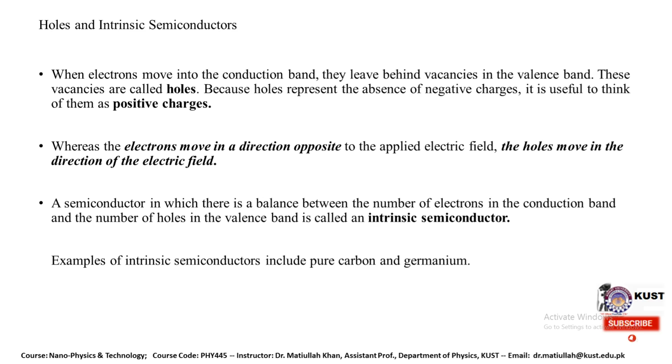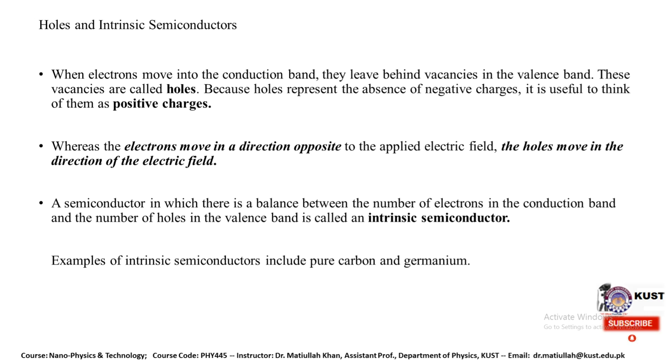In an intrinsic semiconductor, we have the concept of holes and electrons, because there is no net charge. When an electron is moved from the valence band to the conduction band, it leaves behind a hole, a missing electron in the valence band. So we have two carriers: the electron in the conduction band and the hole in the valence band.